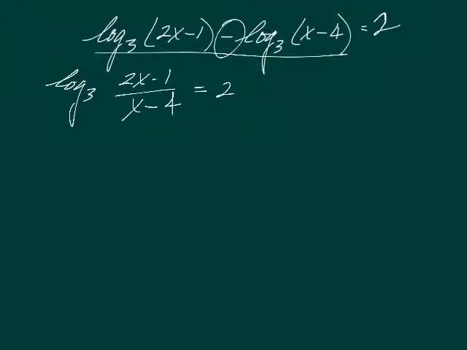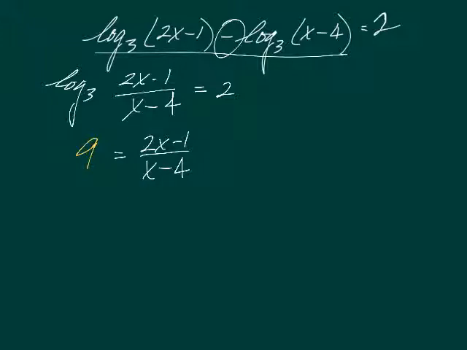This is why you learned how to do that. So now I can make this into exponential form. So 3 squared equals 2x minus 1 over x minus 4. Or this is not 3 squared, we'll write it as 9.